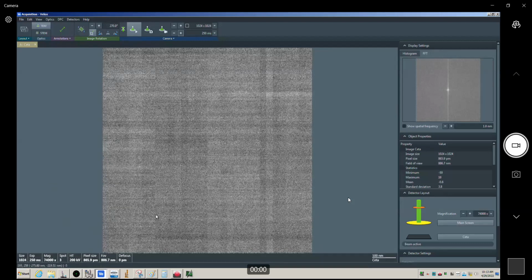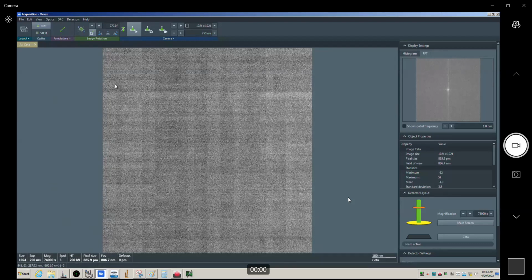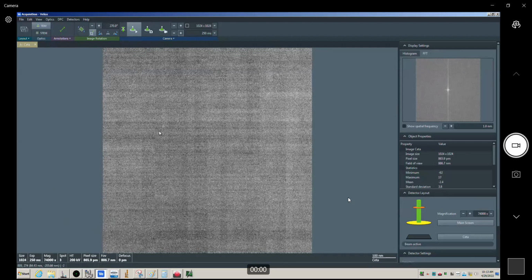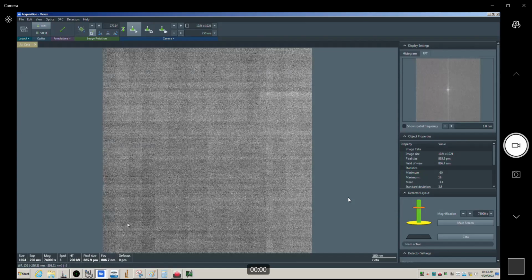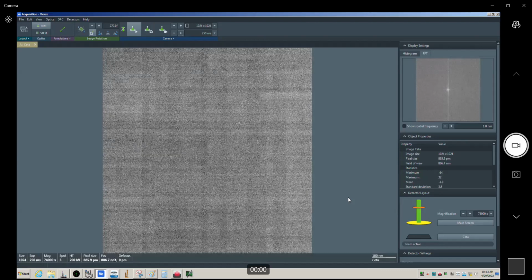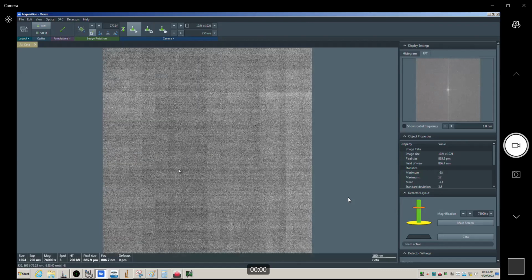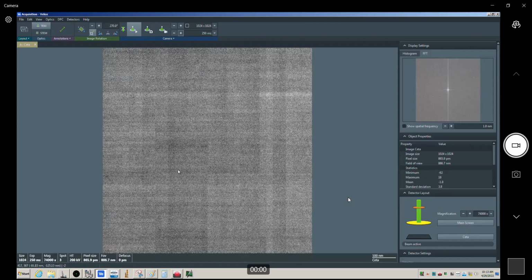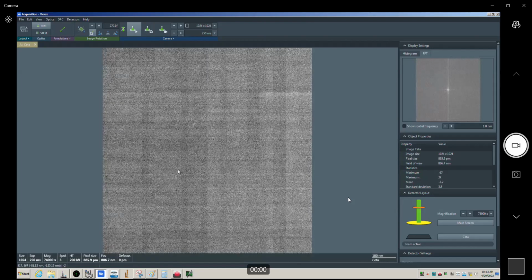And we know the viewable area is basically the same as what you see on the camera. So if you multiply this number by √2, that gives you an approximate diameter for the beam. Based on that, you could calculate a beam diameter and then a current density as well.